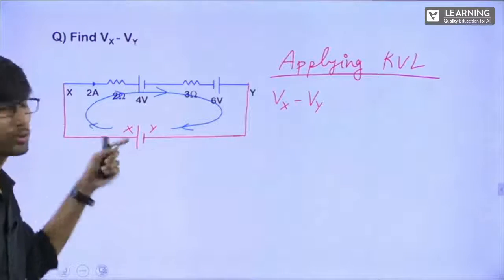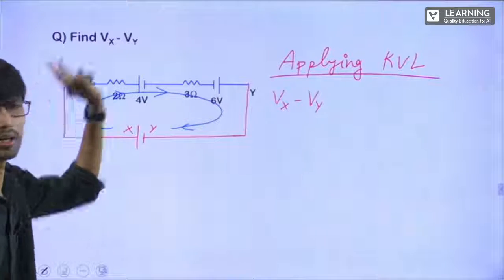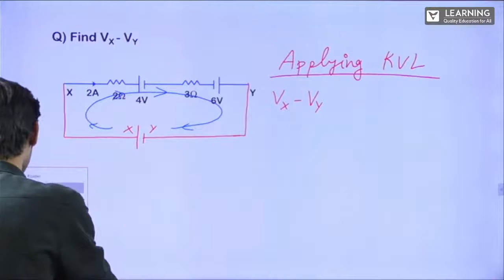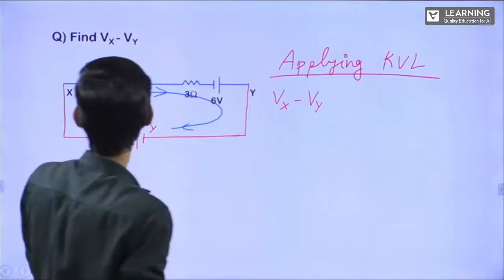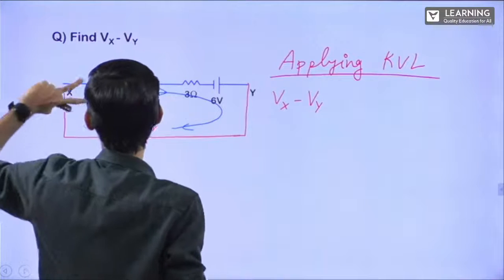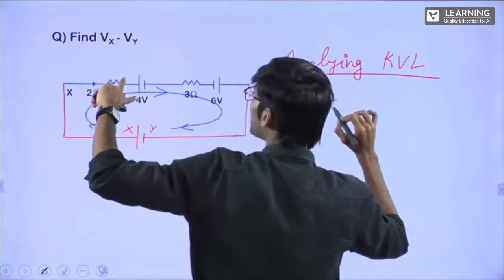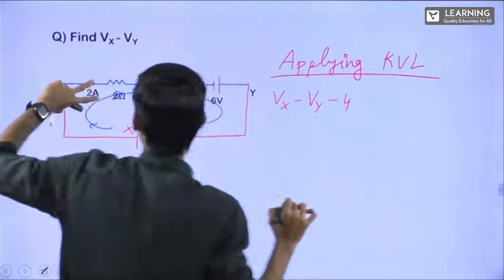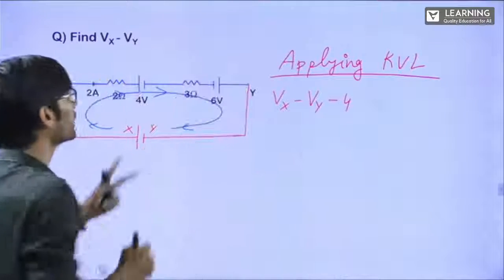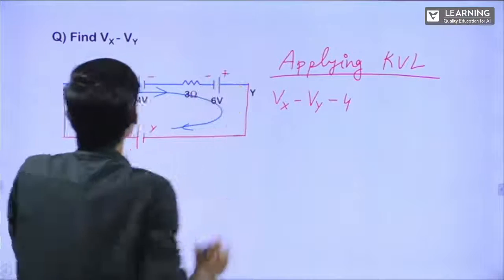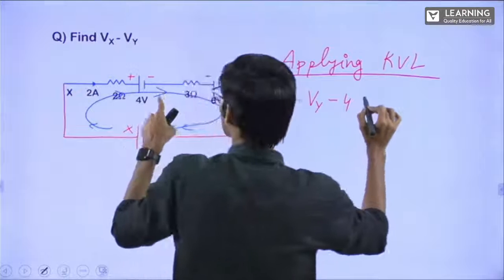I just wanted to tell you the way how to do it. Just assume it as a closed loop. You'll get Vx minus Vy only. So from here, Vx minus Vy, then my direction and the current are the same, 2 into 2. Since it is the same, it will be minus 4. Here the batteries are different, opposite. We are going towards negative, so minus 4.